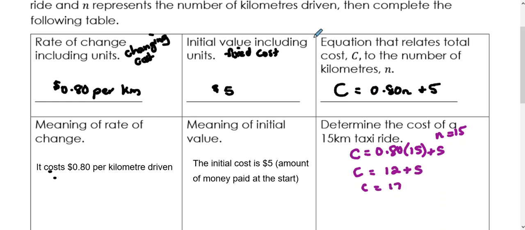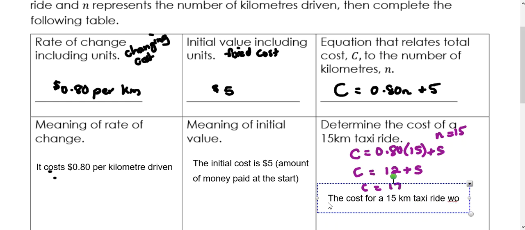Okay, so my total fare for that drive would be $17. So the total cost for a 15-kilometer taxi ride would be $17.